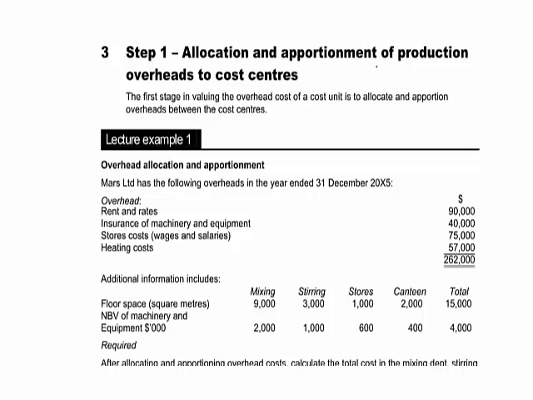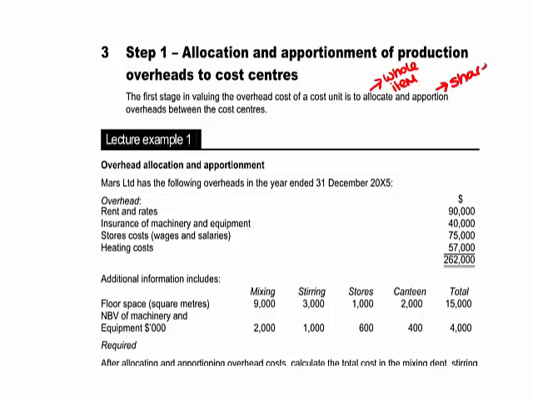So when do we allocate and when do we apportion? Well, we allocate if it's going to be the whole item. So, for example, the chef's wages then would be entirely allocated to the canteen cost centre.